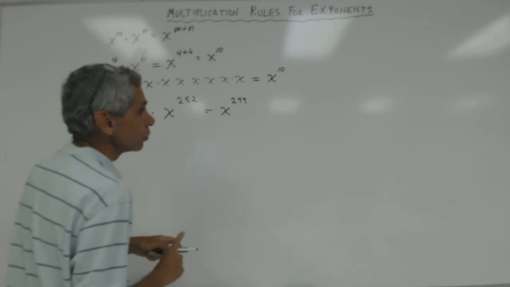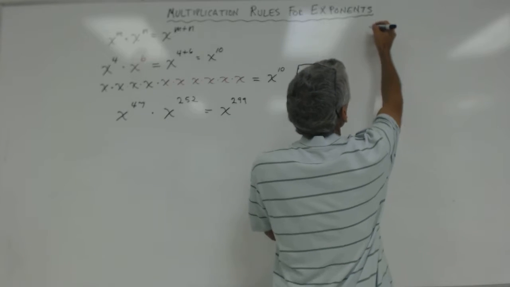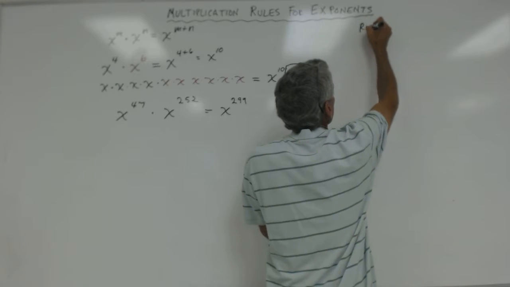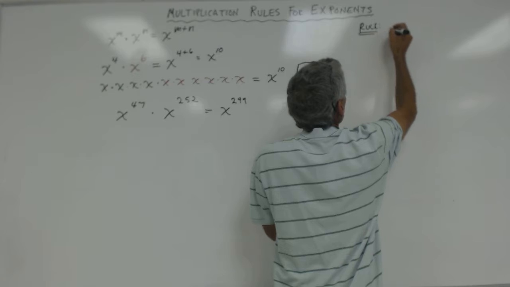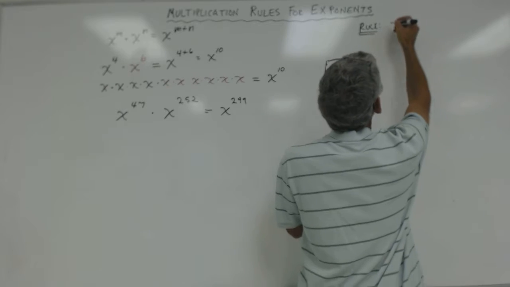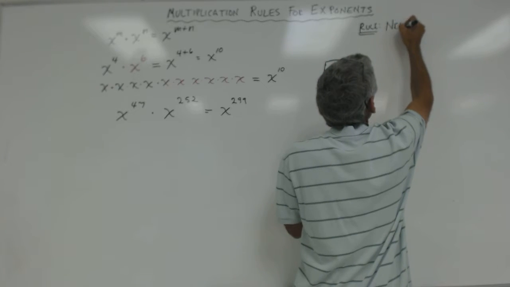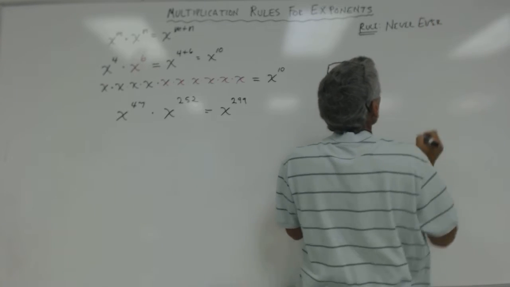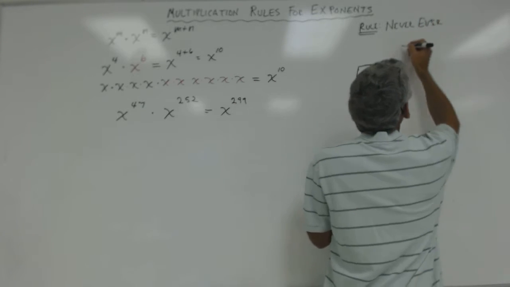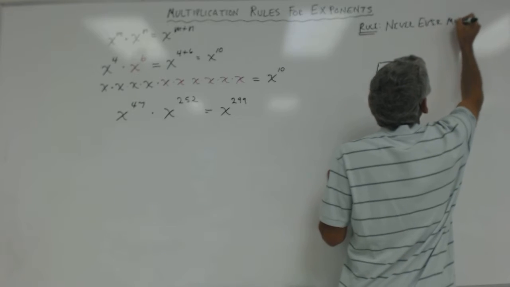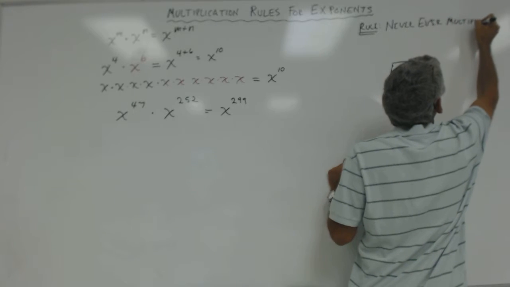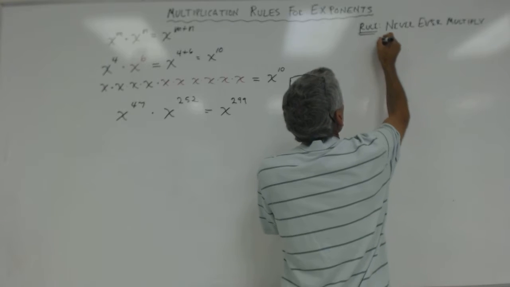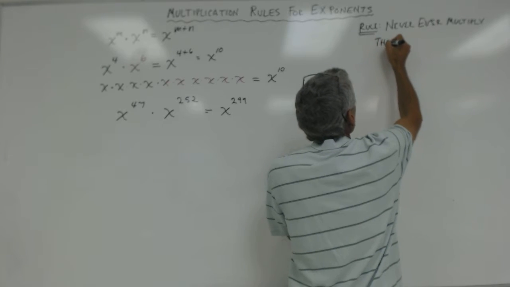Okay, so now there's a rule that I want to talk about. Never, ever, and I'll just do one ever, but I usually do several. Never, ever multiply the base, or the exponent times the base.